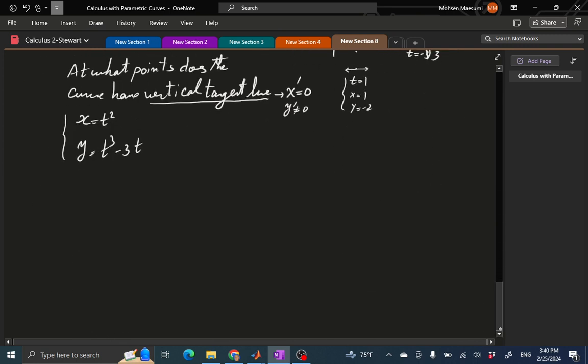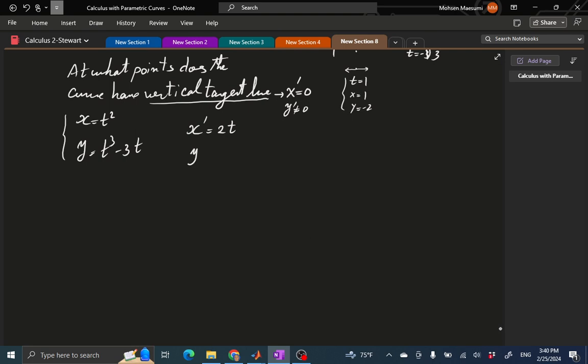So what is our x prime? x prime is of course 2t, and as before y prime was 3t squared minus 3. Setting x prime equal to 0 gives us very easily t equal to 0, which when you place it back here gives us x equal to 0, y equal to 0.